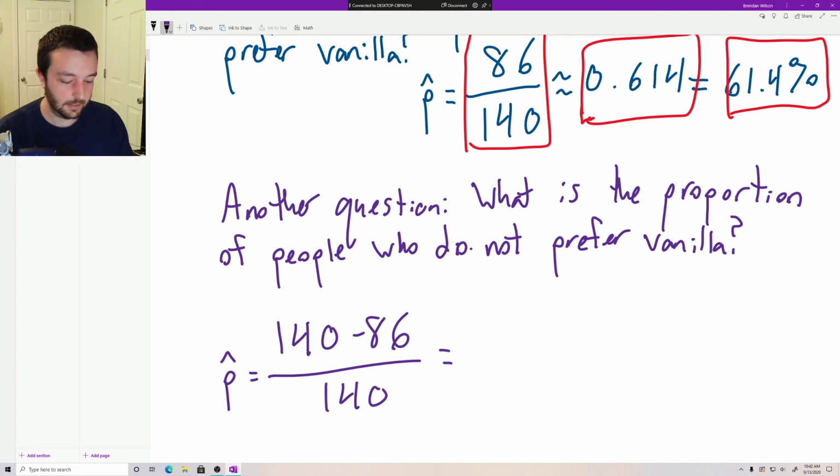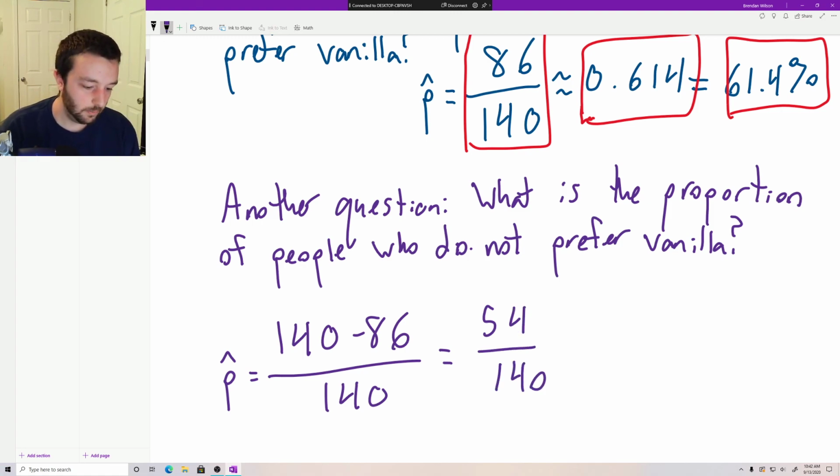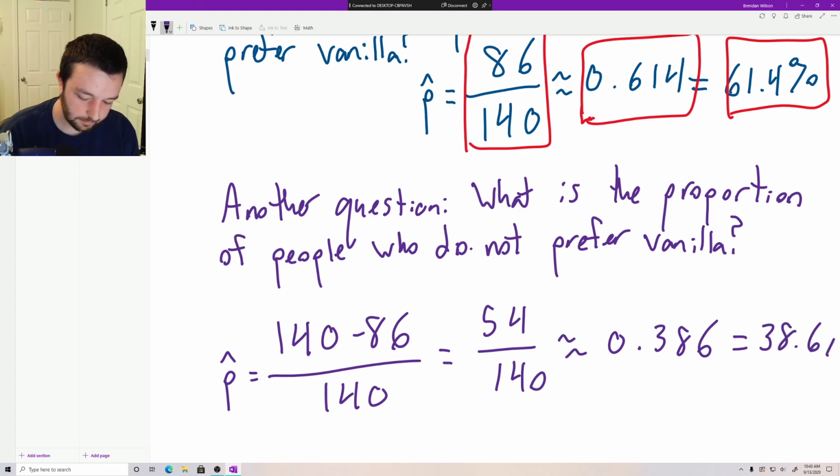So we'll just put that in a calculator here. So we get 54 people do not prefer vanilla, which if we do the division is about 0.386, which is 38.6%.